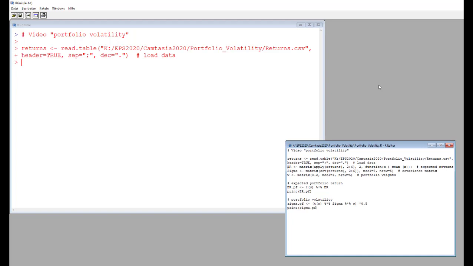These are the 36 return observations for the 5 stocks. Then I define the vector of expected returns, which I call ER.